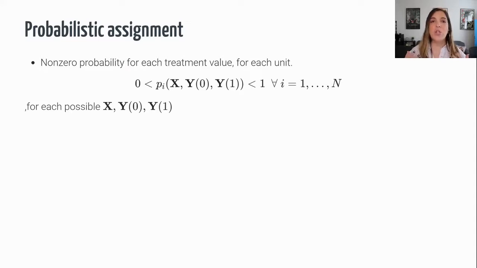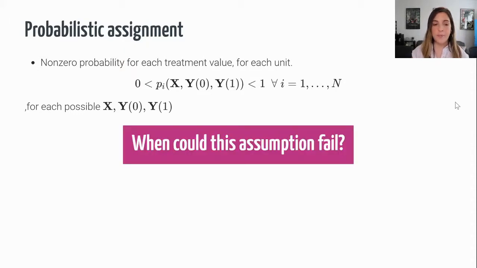This means there's no individual or unit that is deterministically going to be in one of the 2 groups, because that would break the probabilistic assignment. Everyone has a chance to be in either one of the 2 groups.